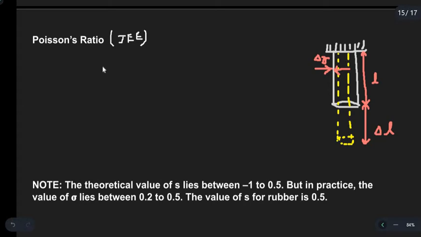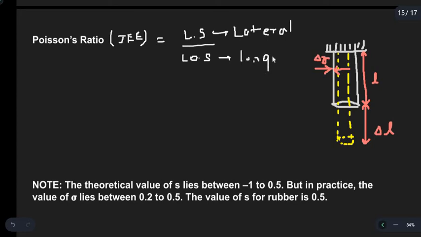So Poisson's ratio is nothing but the ratio of LS upon LOS. What is LS and LOS? LS is your, let me write it so that you understand, it is your lateral strain, and LOS is your longitudinal strain.